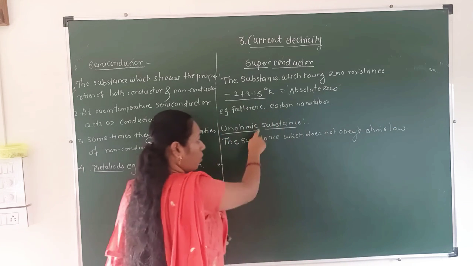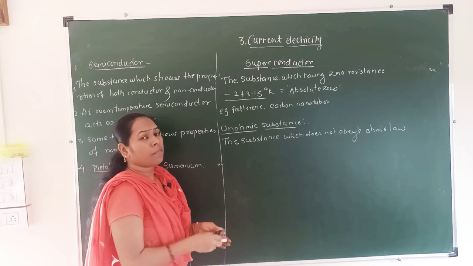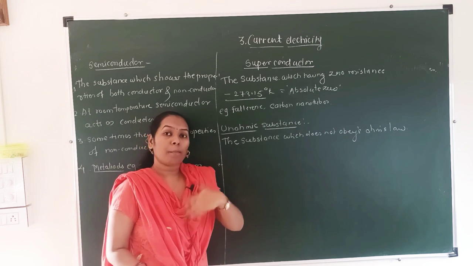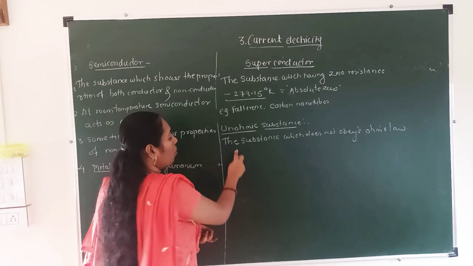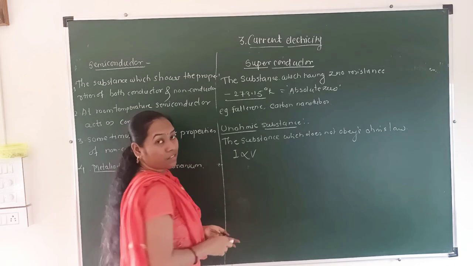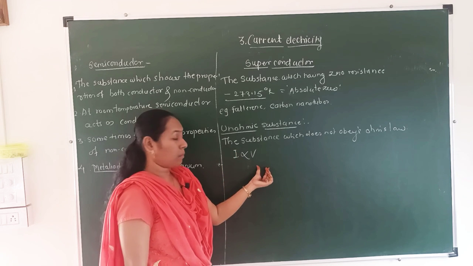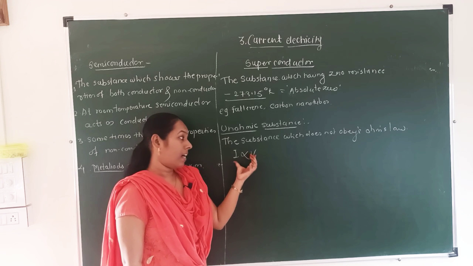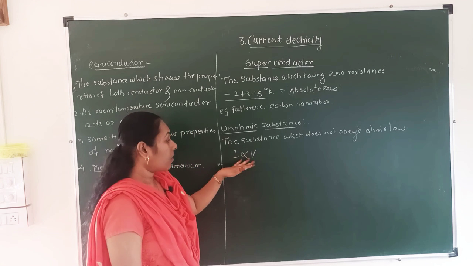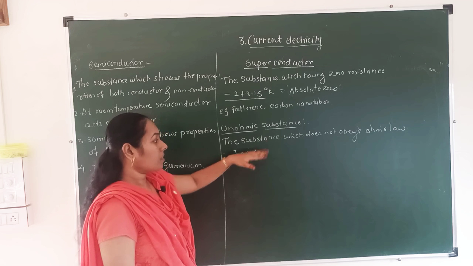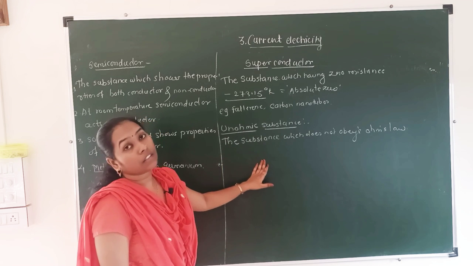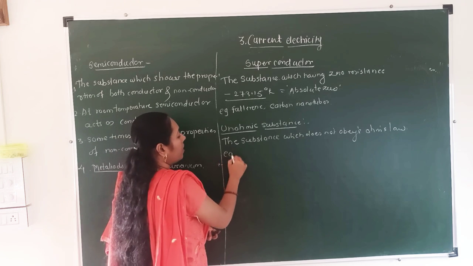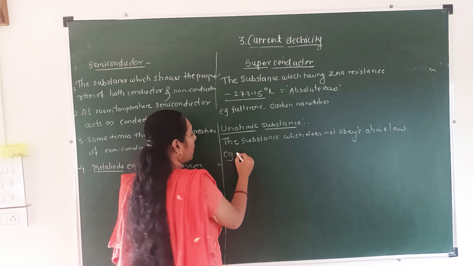They behave opposite to Ohm's law. What is Ohm's law? The current flowing through the wire is directly proportional to the potential difference across the wire. When substances behave opposite to this law, they are known as unohmic substances.